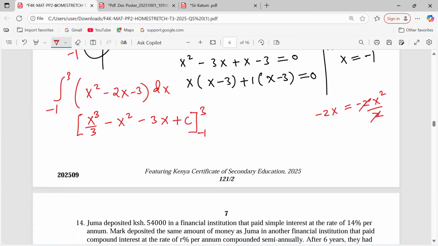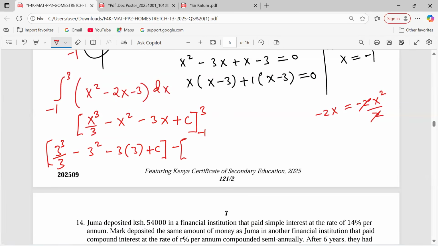We begin by 3, which is now 3 power 3 over 3 minus 3 squared minus 3 into 3 plus c, then minus -1 power 3 over 3 minus -1 squared minus 3 into -1 plus c, like that.